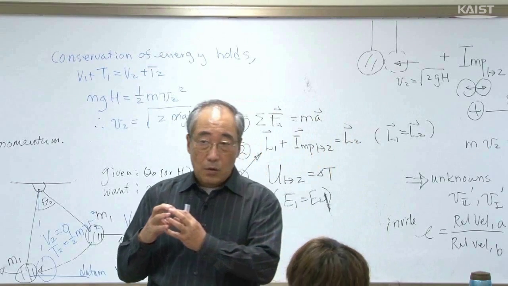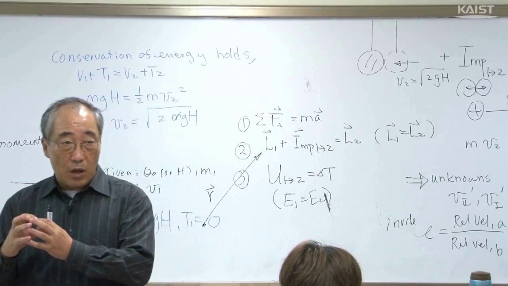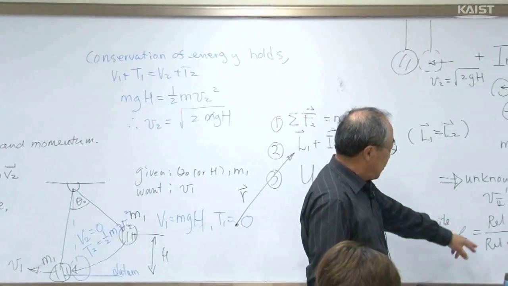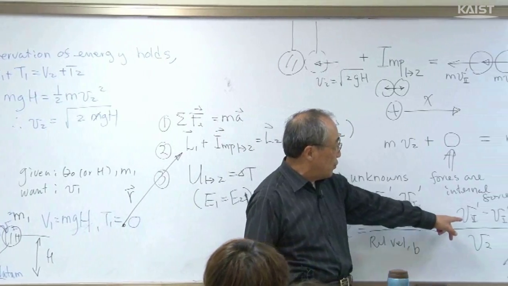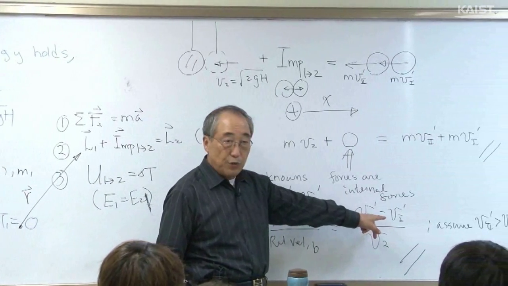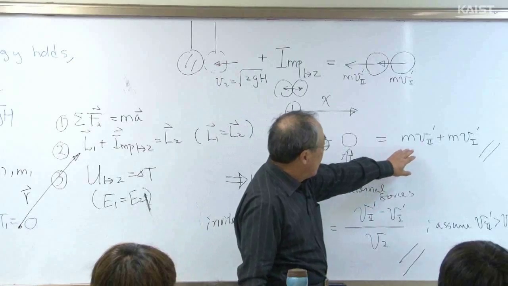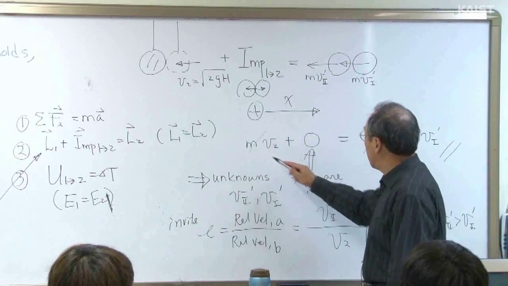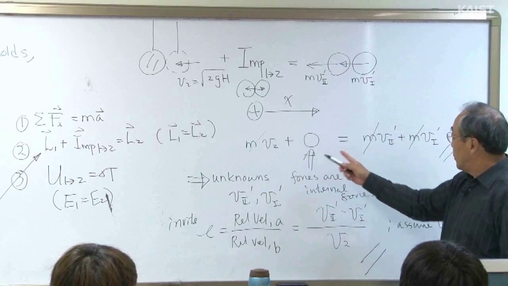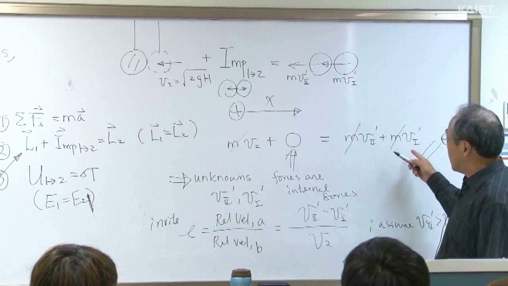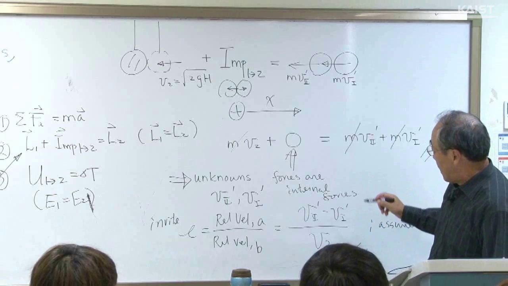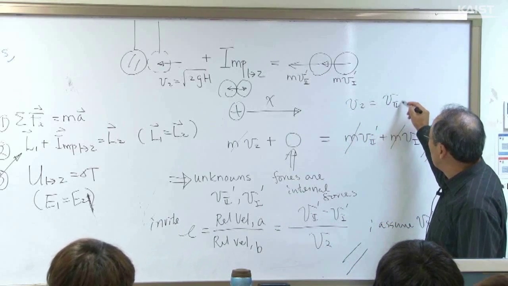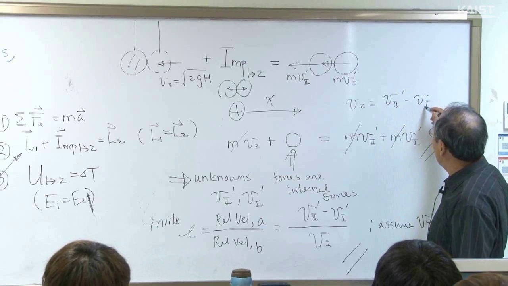Okay? What if E equals 1? Then, according to this mathematics, V2 is equal to V2 prime minus V1 prime. So I go over this mass, and all the masses are the same. And I have another equation, V2 is equal to V2 prime plus V1 prime.